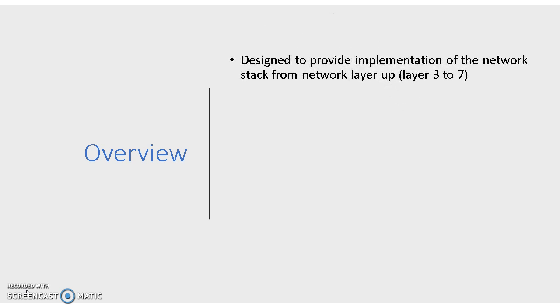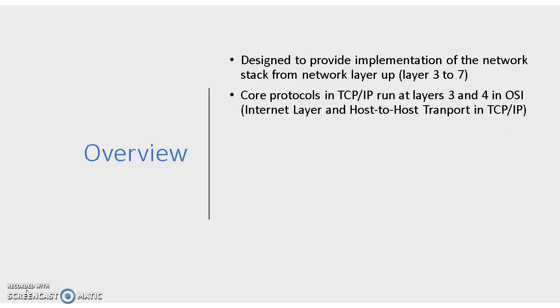In the overview of the networking protocol, it is designed to provide implementation of the network stack from the network layer up, which is layers 3 through layer 7. The core protocols in TCP/IP run at layers 3 and 4 in the OSI model, which is known as the Internet layer and the host-to-host transport layer in the TCP/IP model.